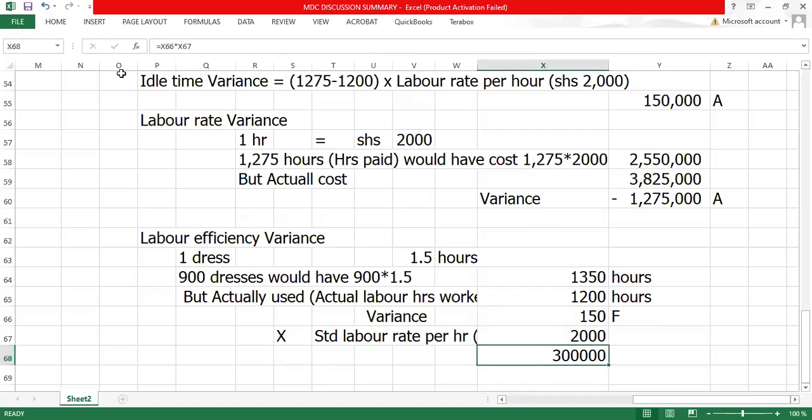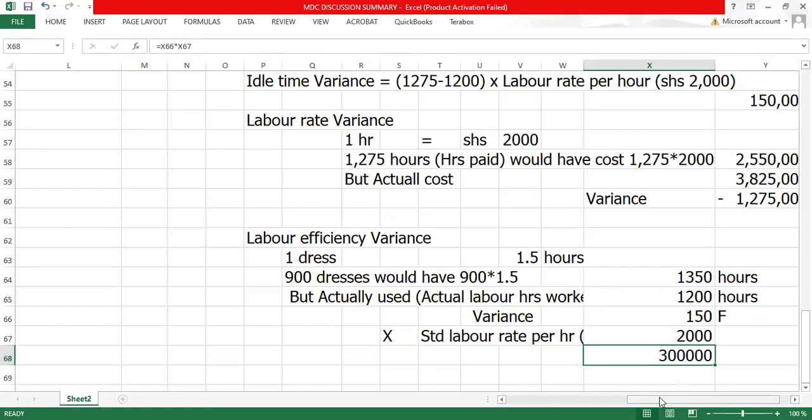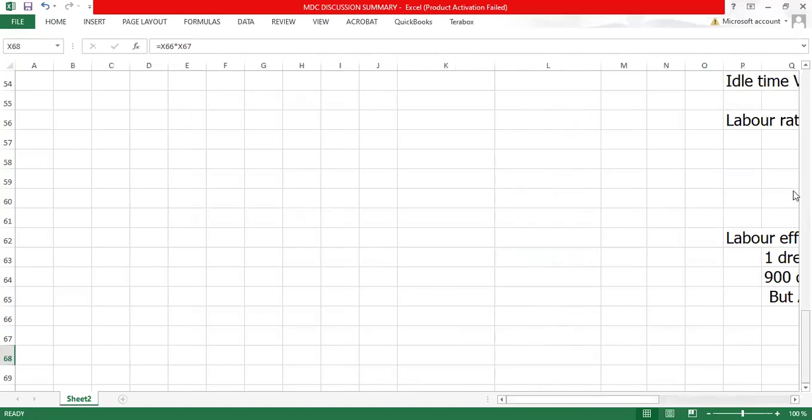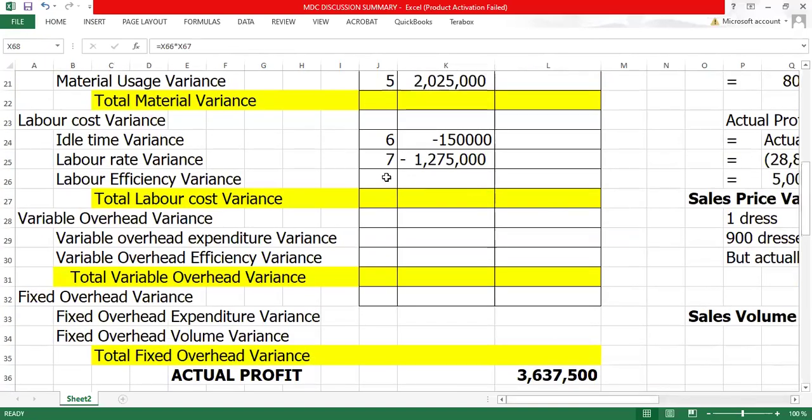Let's report. This is favorable. Note number 8. This is 300,000.